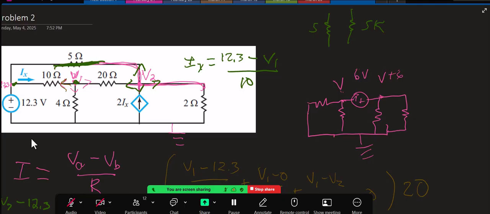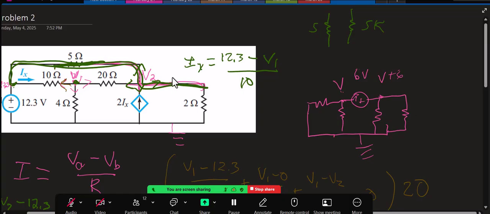Ix would just turn into one of the parts of V2. Like it would just shoot up. Short. All of this would be one node. Okay. Yeah. All right. Any other questions?